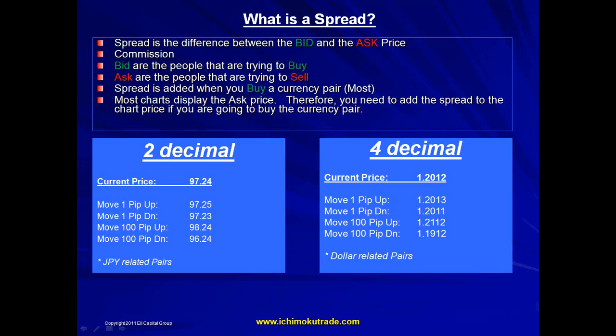Most charting platforms, believe it or not, show you the ask price, which is the sellers. So whenever you're buying, you're going to be matched up to the exact price on the chart. But when you're selling, you have to incorporate the spread. Does that make sense or no?